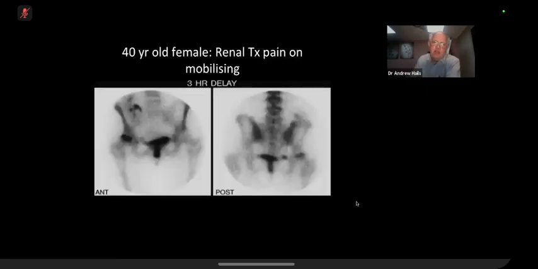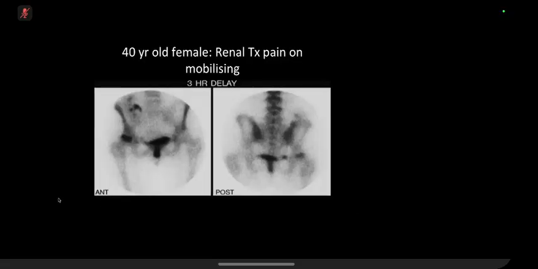And just finishing off the bone section here, this is a renal transplant patient who's having difficulty mobilizing. And what do you think is wrong with that? So I can see there is increased uptake in the right hip joint.